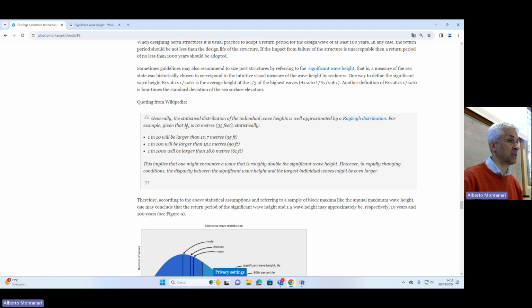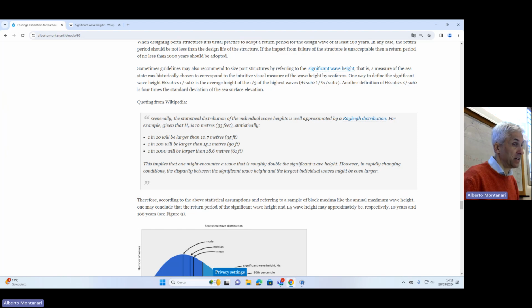So if you have a significant wave height of 10 meters, they say 10 meters plus something, because they refer specifically to this distribution. The significant wave height means 1 in 10, which is what I told you, a return period of 10 years for yearly data, which means 1 in 10.